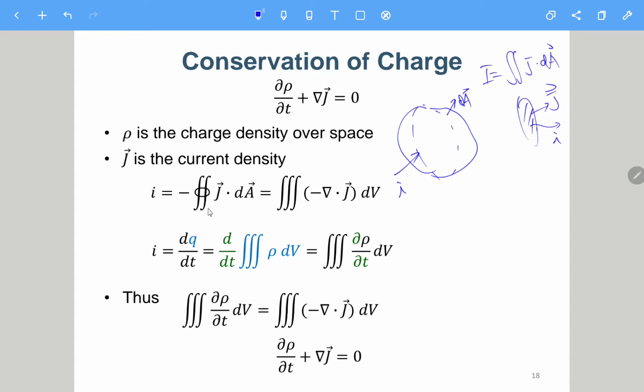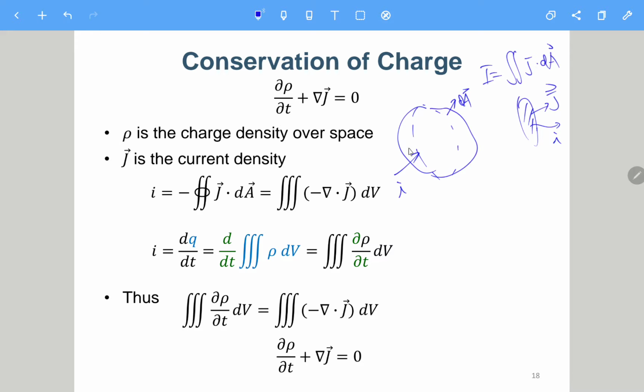Okay, so here this is a surface integral, and of course we can try to apply the divergence theorem here. So this is a double integral of J. Here we have a divergence of J, and then this negative sign is put inside. And this becomes a triple integral, so that this is the divergence theorem. And then also we have I equals dQ dt.